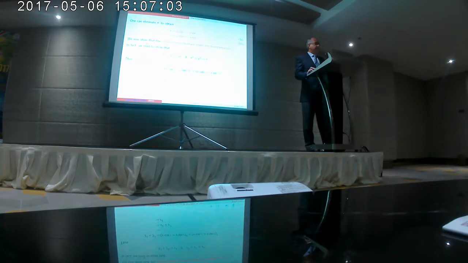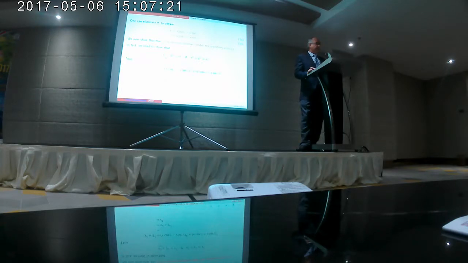We now show that the circle remains invariant under this transformation 1. In fact we need to show that x bar squared plus y bar squared is equal to r squared if x squared plus y squared is equal to r squared.